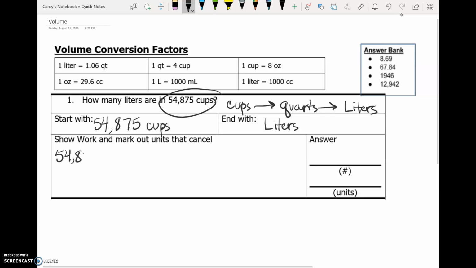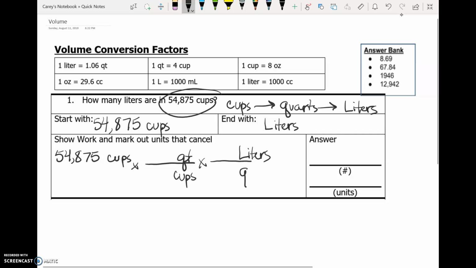So you're going to start with your given, and our steps are cup to quart and then to liters.